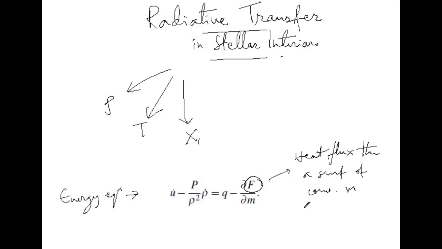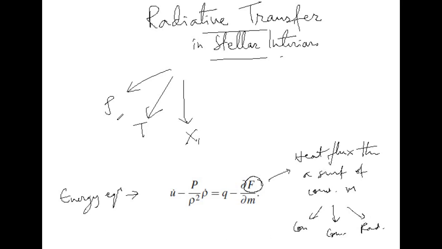Now this heat flux can come from conduction, convection and also radiation. Today we will talk about the heat flow through radiation.